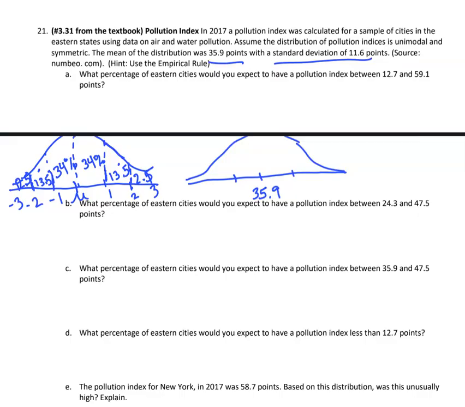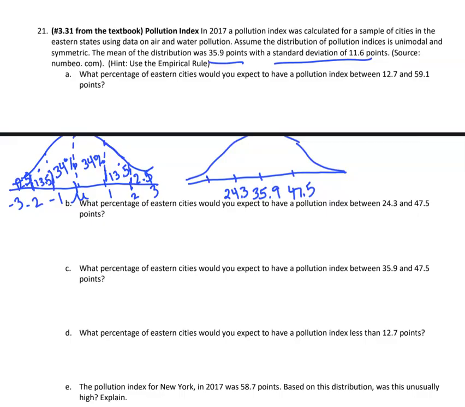Take 35.9 minus 11.6, and one below gives me 24.3. On the other side, do 35.9 plus 11.6, and I get 47.5.